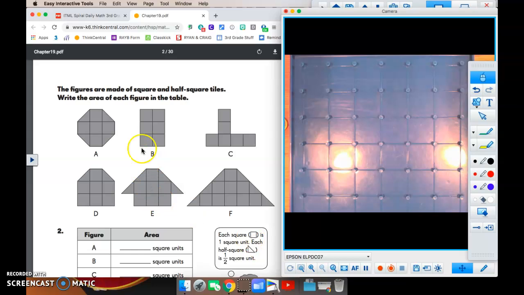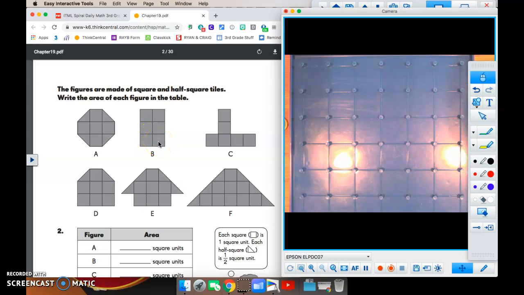So let's count our full ones here first. So we have 1, 2, 3, 4, 5. And then there's 5.5, 6, 6.5, 7. So for figure A, we would have 7. B, 1, 2, 3, 4, 5, 6.